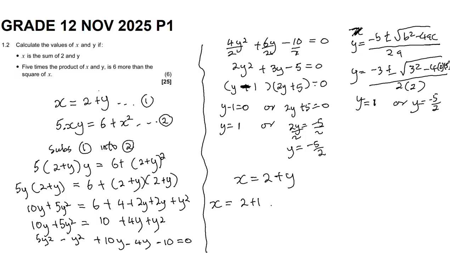So 2 plus 1, we're going to have x equals 3. Or let's get x when y equals negative 5 over 2. So we're going to have x equals 2 plus negative 5 over 2. Let's just punch that on the calculator. It's going to be 2 plus minus 5 over 2, which is the same as negative 1 over 2. Thank you, guys.